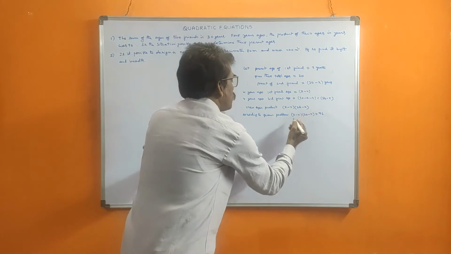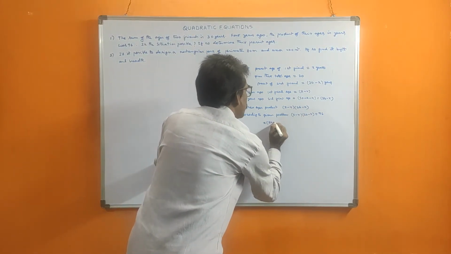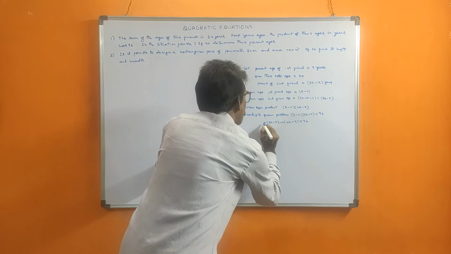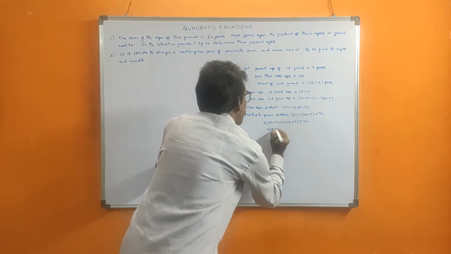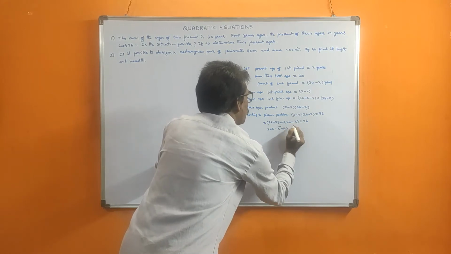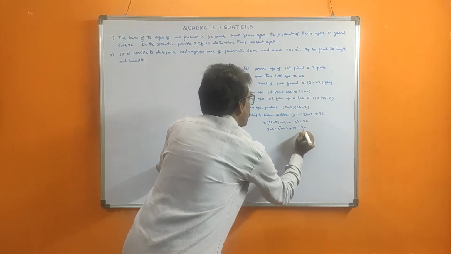Okay, now expand this. With x you multiply 26 minus x, with minus 4 you multiply 26 minus x, is equal to 96. Now 26x minus x square, minus 4 into 26 is 104, minus into minus plus 4x, is equal to 96.